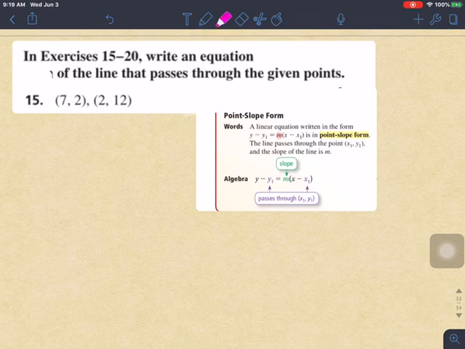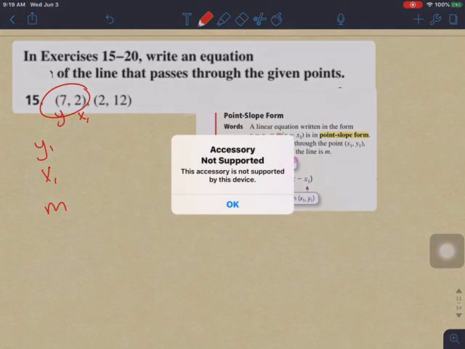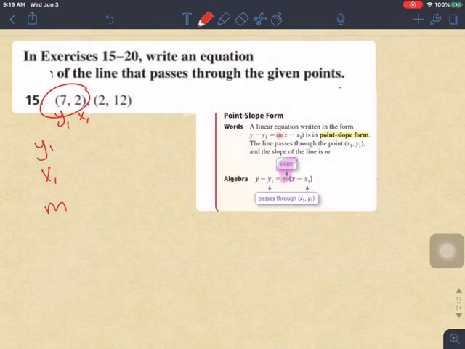There's one main thing we've got to find, which is the m. Everything else is here. There's three things we need: y sub 1, x sub 1, and m.